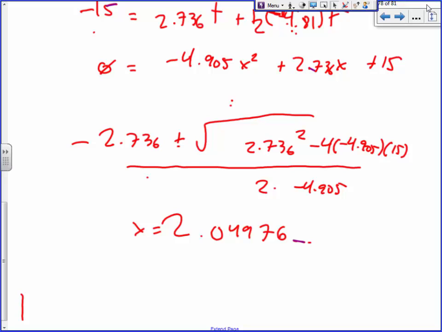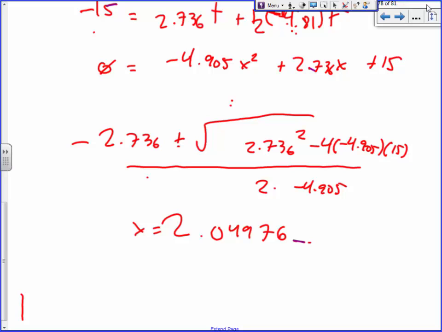When we wrote the equation, it was negative 15 on the side of the equation, but when we bring it to the other side, it's plus. So we'll divide by 2 times negative 4.905. So here, we missed a sign. This is negative, right, because it's negative. Does that make sense? So basically, if we just flip this around, that's our answer.